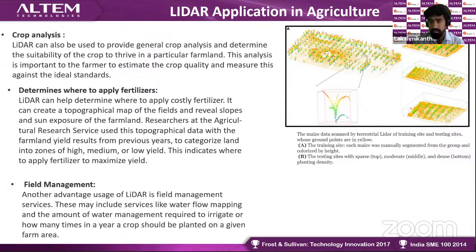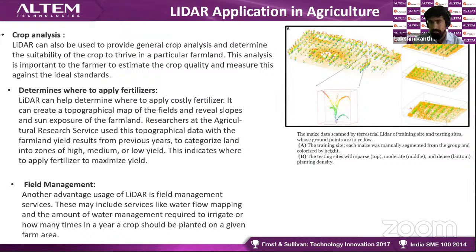And as you can see, there is one slide I have attached on the right side. There is maize data scanned by a terrestrial lidar scanner for the training and testing sites. Okay, so first, image A gives the size of the maize, which was manually segmented from the ground and colorized by height. So based on the height, they have given the coloration.